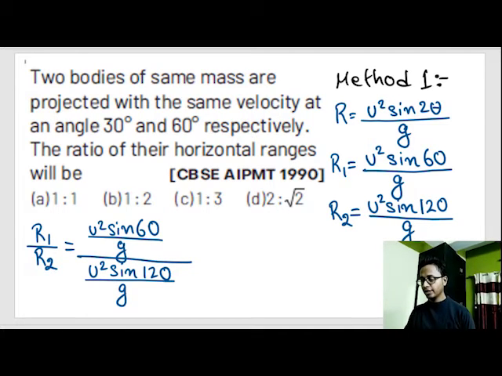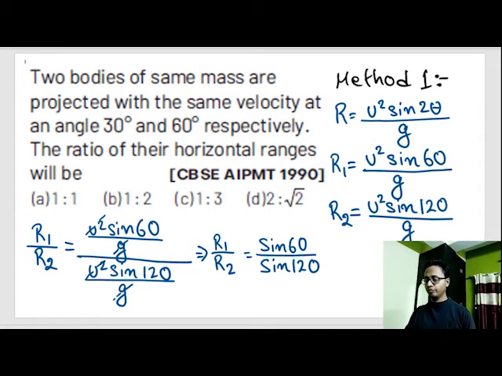This u square and this u square get cancelled, this g and this g cancel, so our R1 by R2 comes as sine 60 by sine 120.